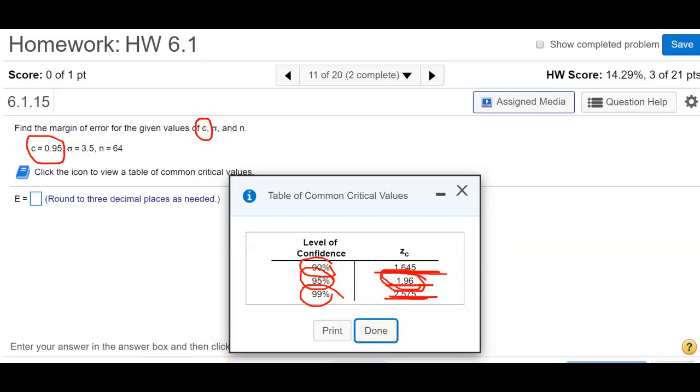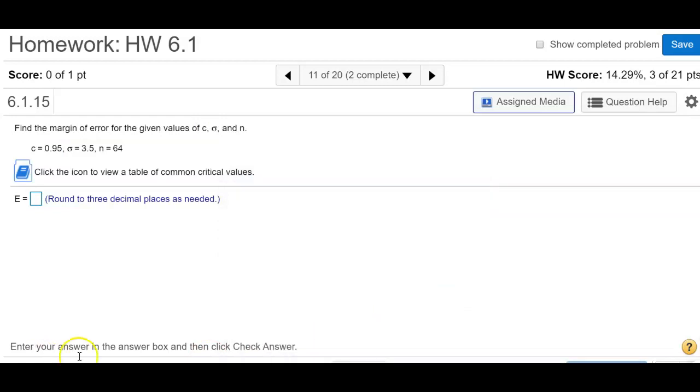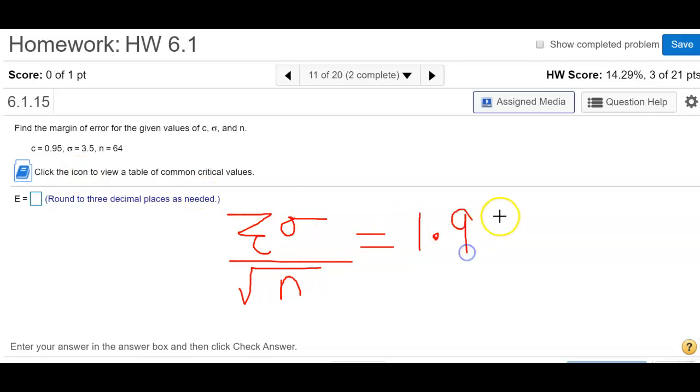Okay, I'm going to go ahead and work with the problem now. I'm going to click done. The formula for E is Zc times the standard deviation over the square root of n. So your Zc value, we just saw from the table, is 1.96, right?